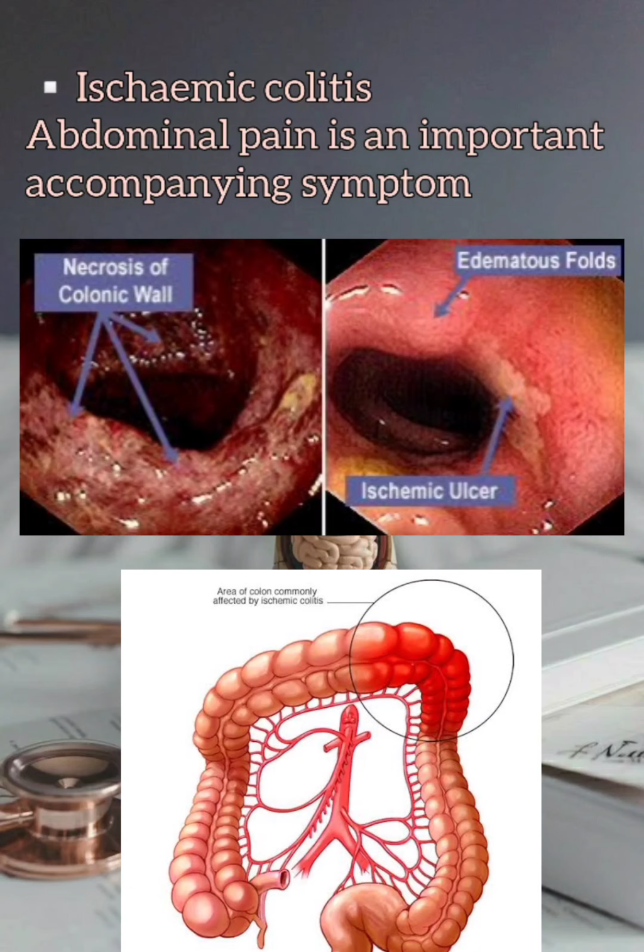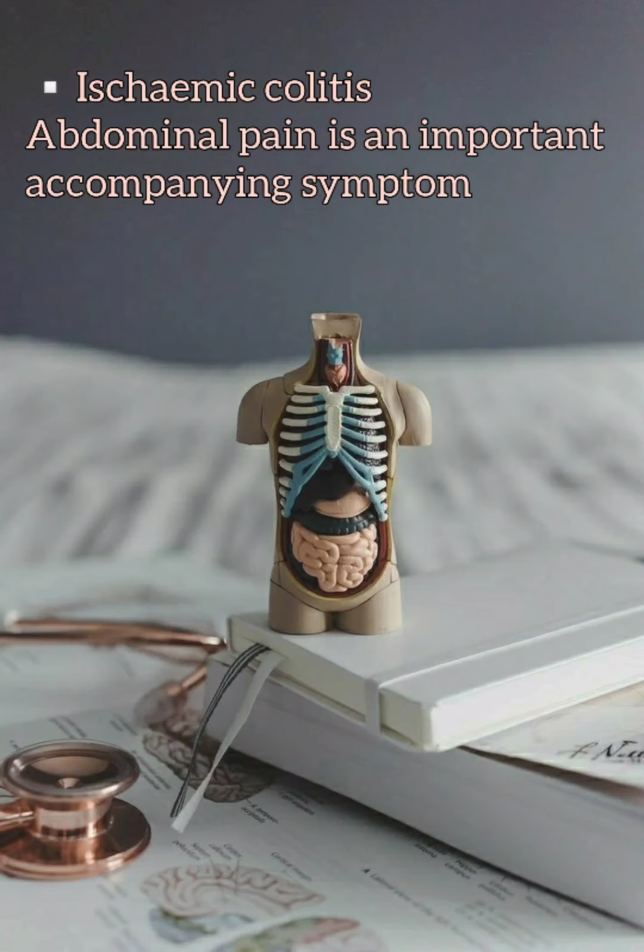Wherever there is ischemia, unless it is reversed, the symptoms are going to be fulminant and devastating, and pain is always going to be there. So because the patient does not complain of any pain in this situation, we can easily rule out ischemic colitis.